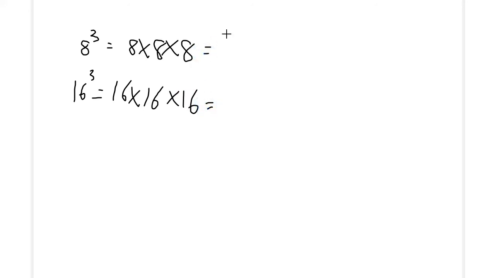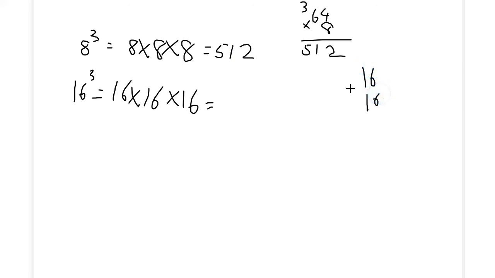Right, so 8 times 8 is 64. So when your exam doesn't allow you to use a calculator, you have to use the times table manually. So 64 times 8 is 512, right? Same for 16. So 16 times 16, right?